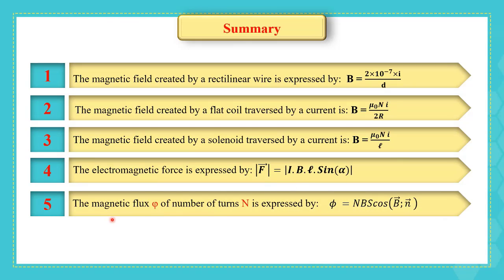And finally, the magnetic flux phi of number of turns N is expressed by flux equal N B S cosine of the angle between B vector and n vector.